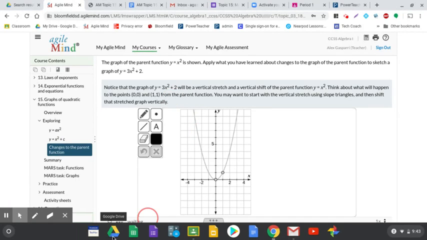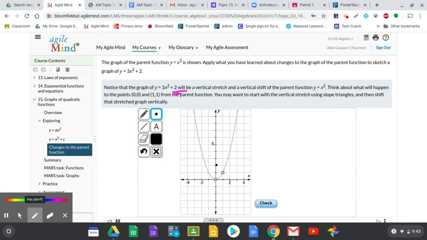So right now we know that it's got to get shifted up 2 units. So the first thing I would do is I would click on the dot icon, and instead of it starting at 0, 0, I'm going to go up 2 units. That's where my vertex should be, right? And then the other thing that's going to happen is there should be a stretch because A is now 3.